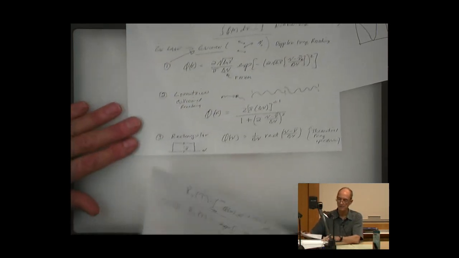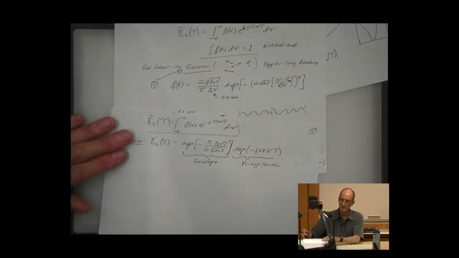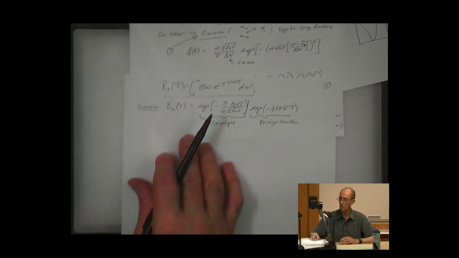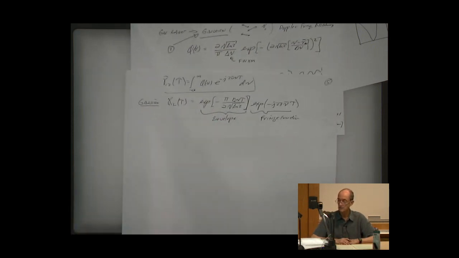I'm going to have to change the notes to t minus tau instead of t plus tau. It's not technically wrong, but it's a little inconsistent, so I apologize for that.